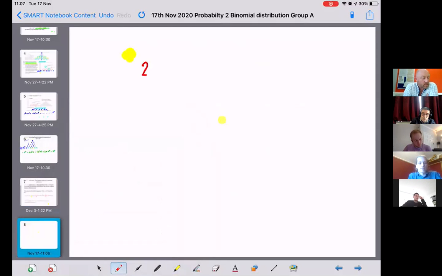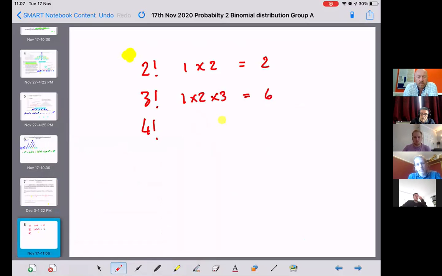So 2 factorial, 3 factorial, 4 factorial are a quick way of writing 1 times 2, which is equal to 2; 1 times 2 times 3, which is 6; 1 times 2 times 3 times 4, which equals 24.